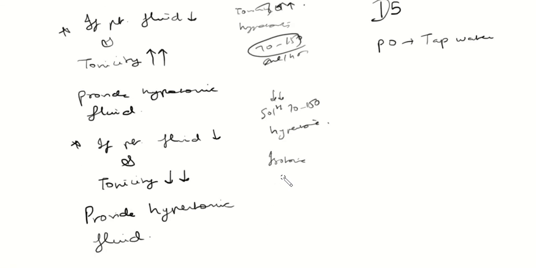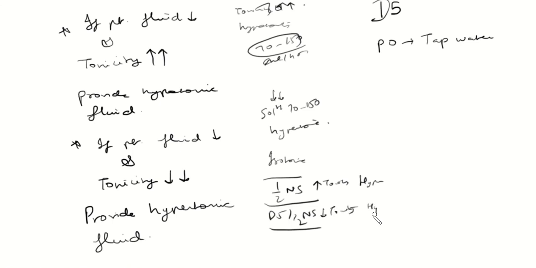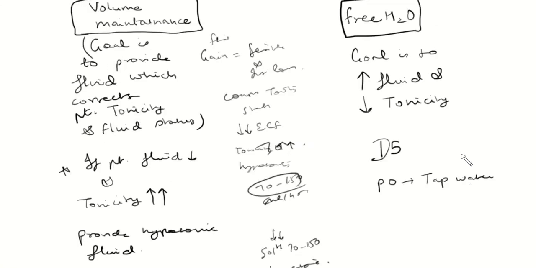For example, you can have half normal saline or D5 half normal saline. Those are the ones I've usually seen. Again, it's provider driven. Textbook, if somebody has high tonicity, we'd prefer hypotonic solution. If somebody has low tonicity in their body, then we'd prefer hypertonic solution.